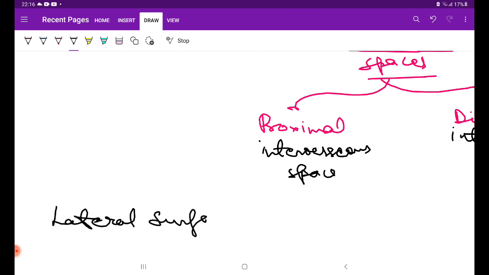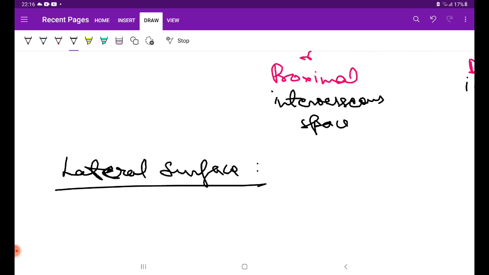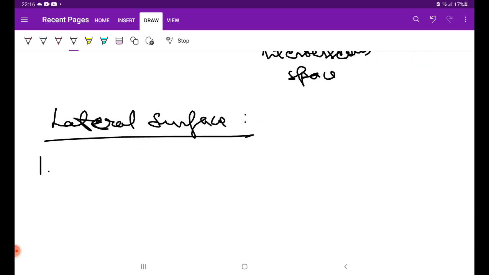Next we move on to lateral surface. Lateral surface is rounded and smooth. Each surface of radius is smooth, so there is no exception here.